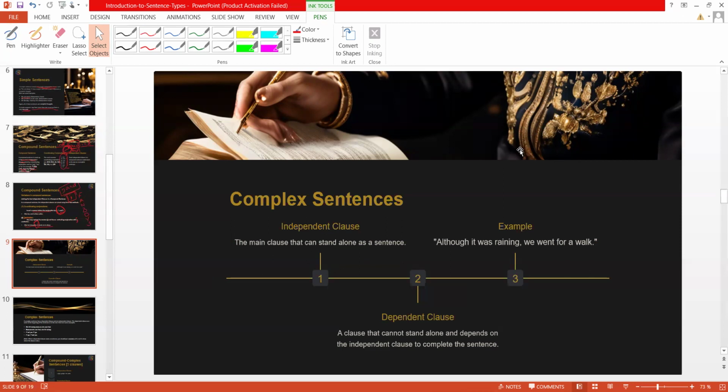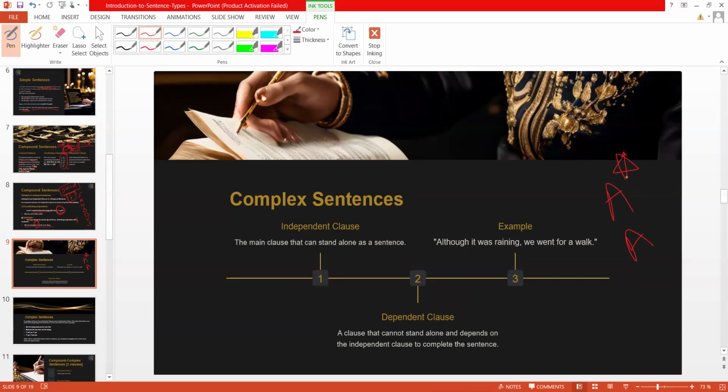That is the reason why they have mentioned it again and again. If you want to achieve a star grade, you should use these complex sentences. Now, how do we make complex sentences?